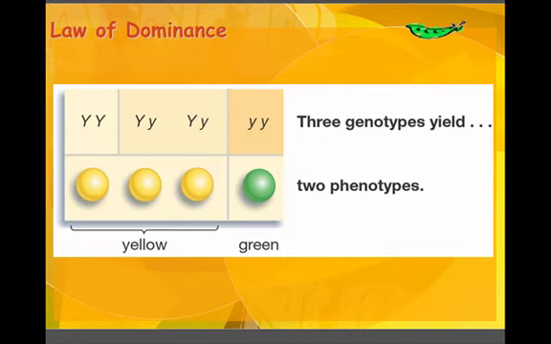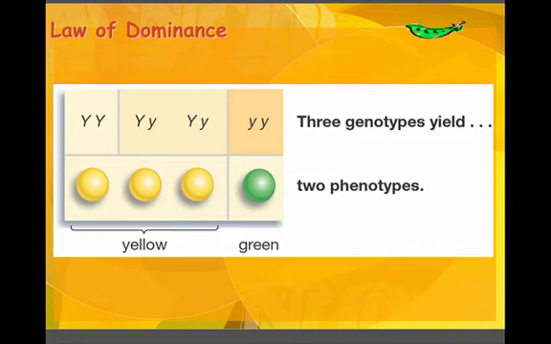So here would be an example if we looked at our monohybrid cross. If we combined two hybrids, so if we combined big Y, little y times big Y, little y, this is what we're going to get.